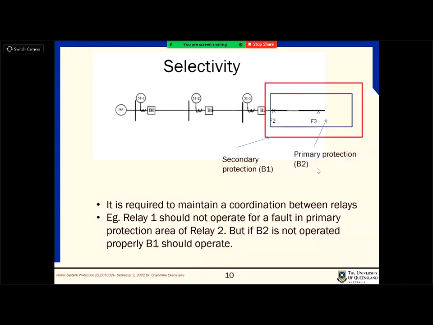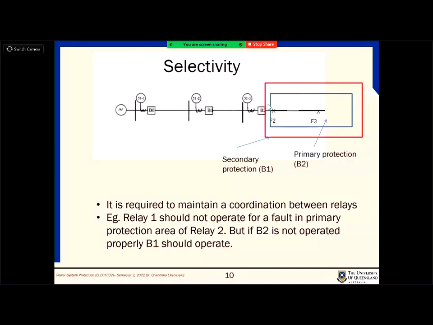As an example here, the protection zone shown in blue is called the protection of B2. The relay connected to breaker B2 is covered by this area.